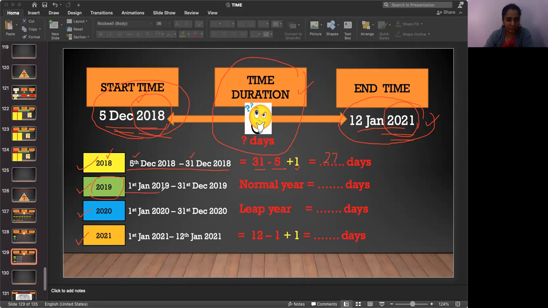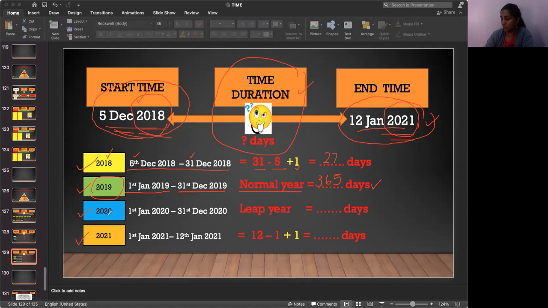Okay. And then look at 2019. Now, from 1st January 2019 until 31st December 2019, we should also know that this is a normal year in which we would have 365 days. Without any problem or much calculation, we don't have to calculate because we already know in a normal year there are 365 days. Now, you should also take note that certain years may be a leap year.